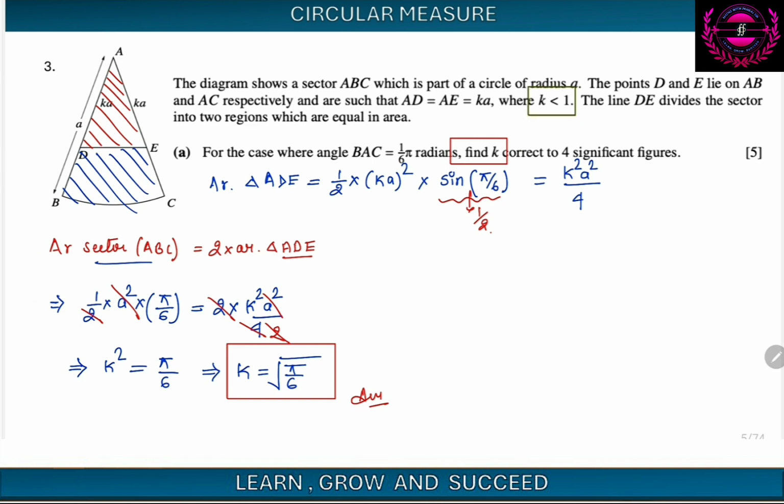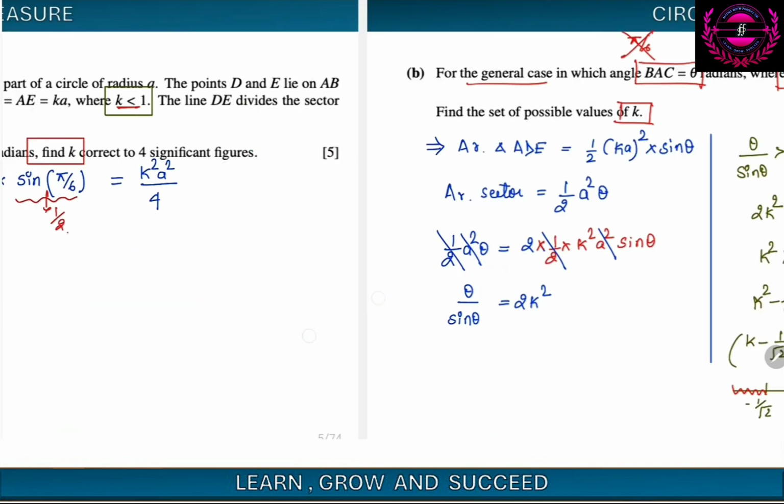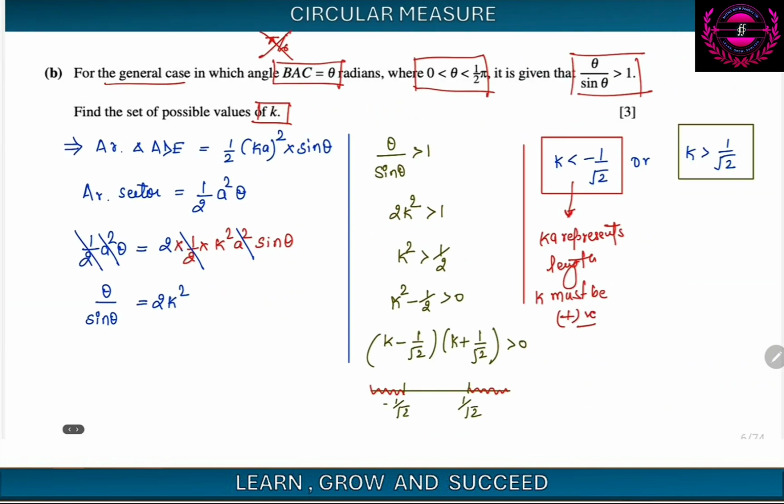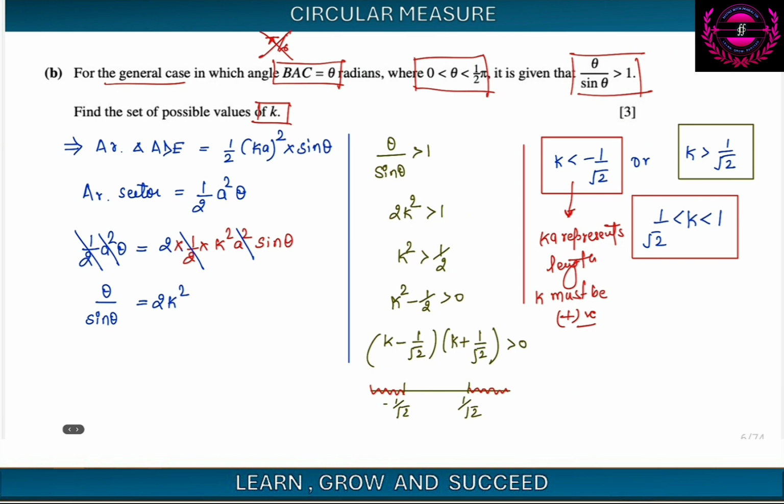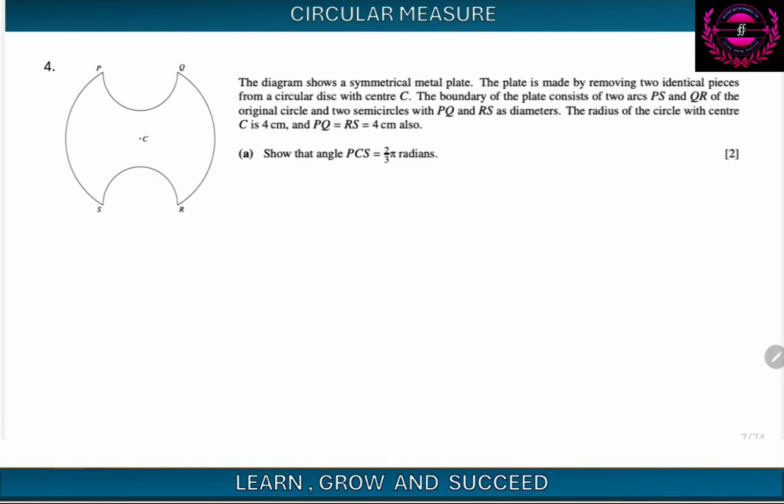So the right answer will be k less than 1 and greater than 1 by root 2. This is our final answer, 1 by root 2 to 1. We should also consider this given condition, already given in the first part, that k is less than 1. So let's move to the next question.